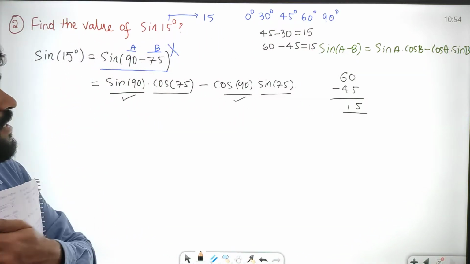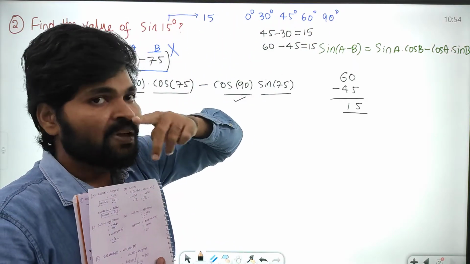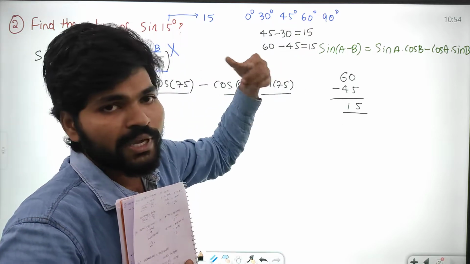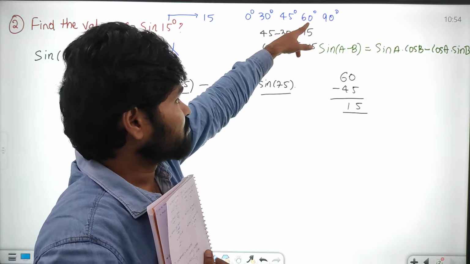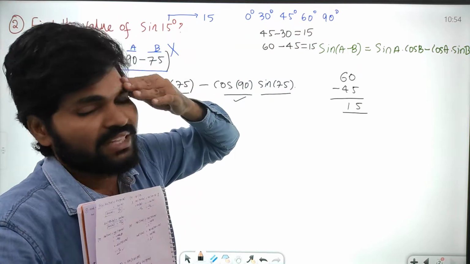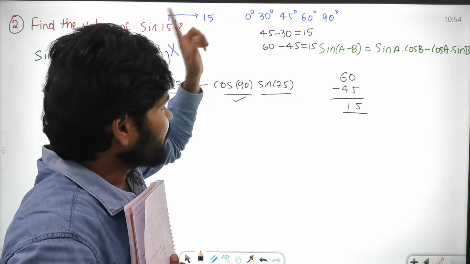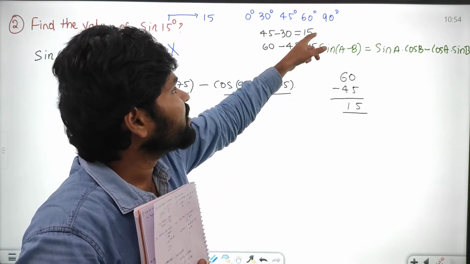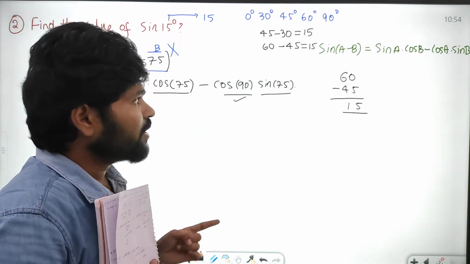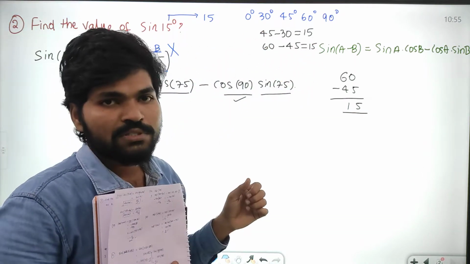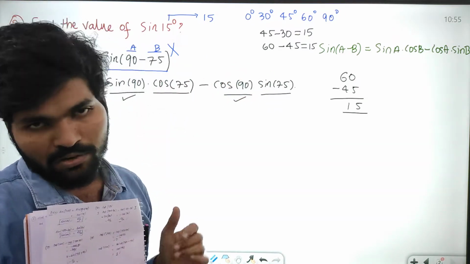So the thing is, if you take 90 minus 45, you will not get 15. You will get more, like 45. If you take 60 minus 30, you will get 30. That is also not correct. So what values can we take? 45 minus 30 equals 15, or 60 minus 45 equals 15. Let's take two examples and then check whether the values are equal or not.